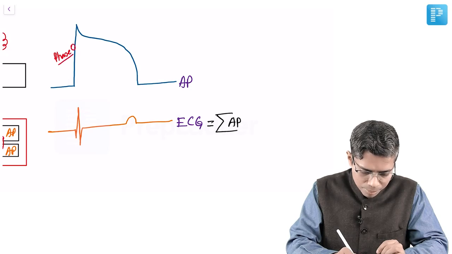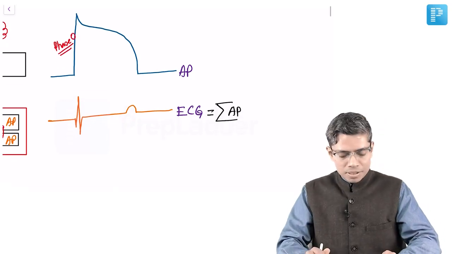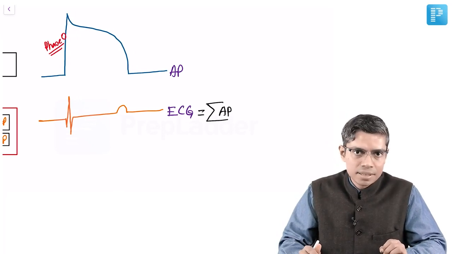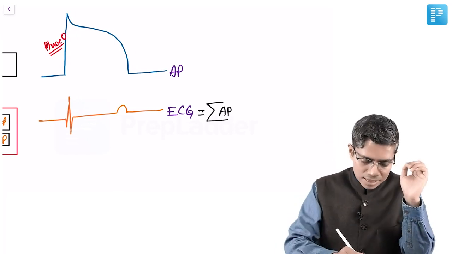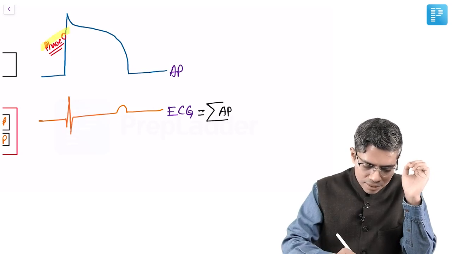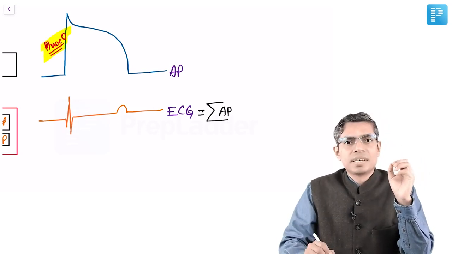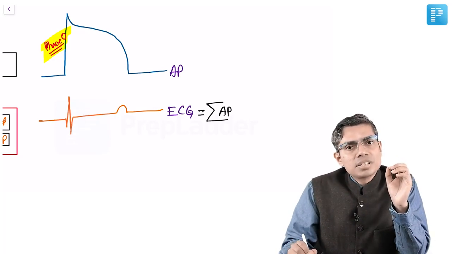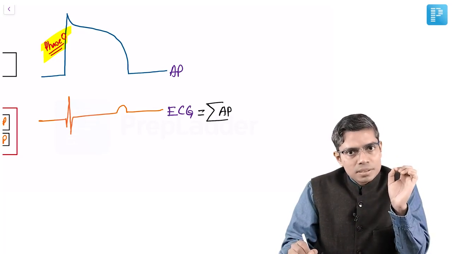Now if you look at this action potential, we all know that this phase is known as phase number 0, and phase 0 is the depolarization phase, right? If I ask you that phase 0 indicates ventricular depolarization, in ECG which wave indicates ventricular depolarization? QRS complex.